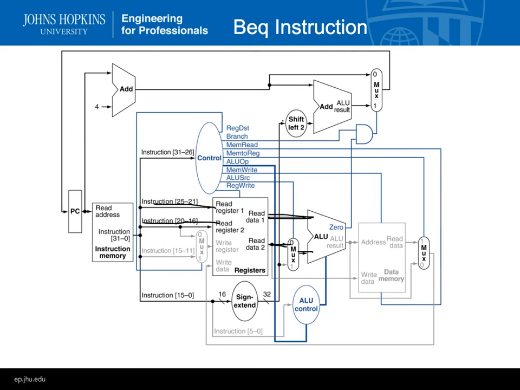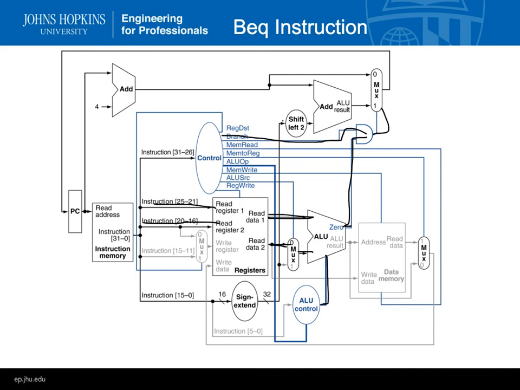It goes in, the ALU is told to subtract, and then this 0 will come out. If it's 0, and this is true, saying it's a branch instruction, it's going to send this up here.